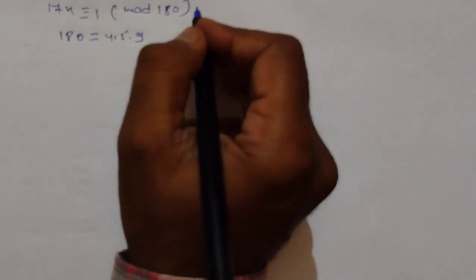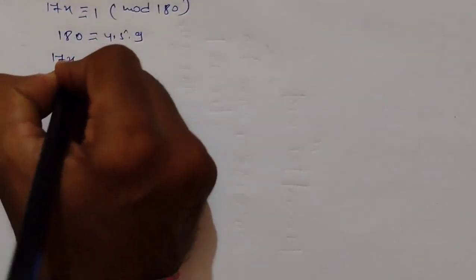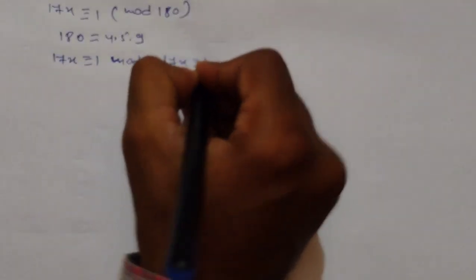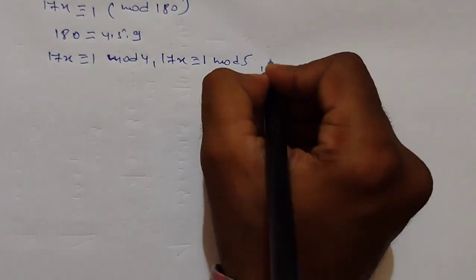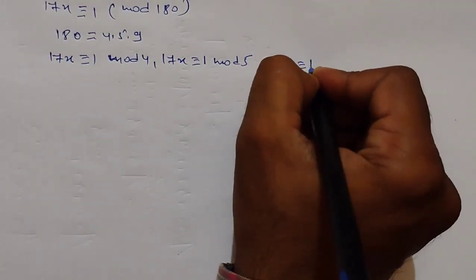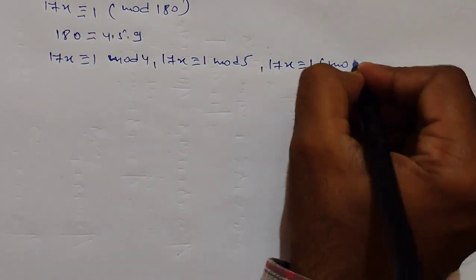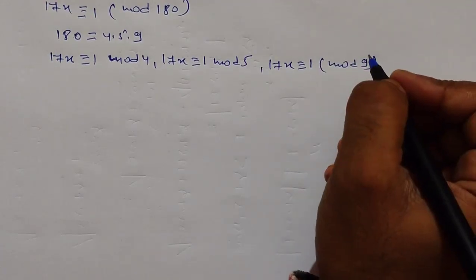So we search for the solution of the system: 17x congruent to 1 mod 4, the second 17x congruent to 1 mod 5, and also 17x congruent to 1 mod 9.